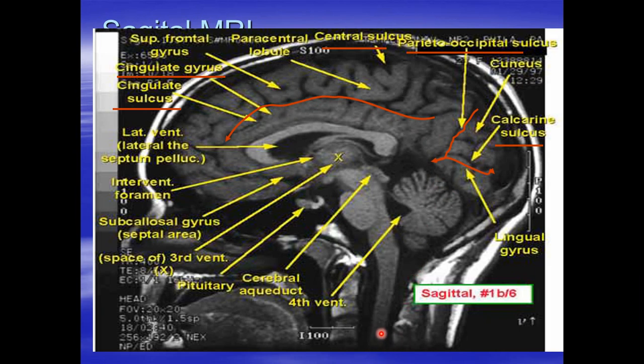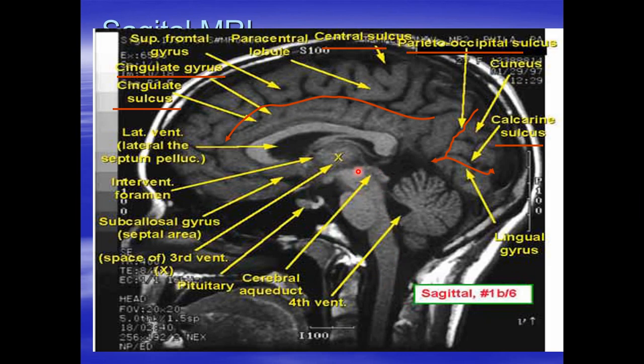Let's start from inferiorly and go up. First we have the spinal cord, and from here to here is the foramen magnum. So the spinal cord becomes the medulla oblongata at the level of the foramen magnum, which is the site of transition from spinal cord to medulla oblongata, and above that we have the pons and then the midbrain.